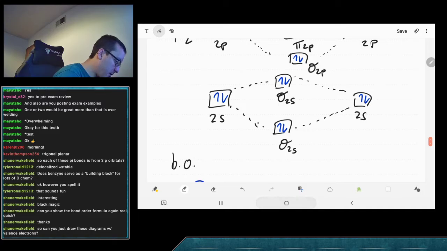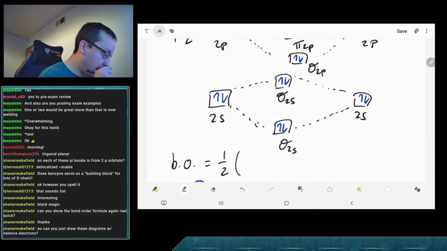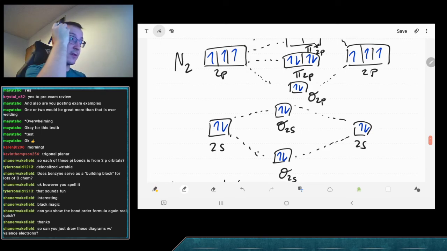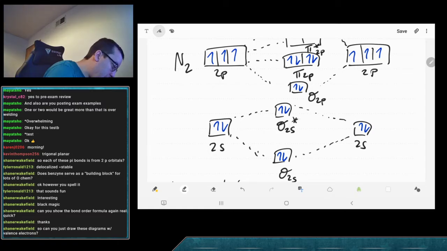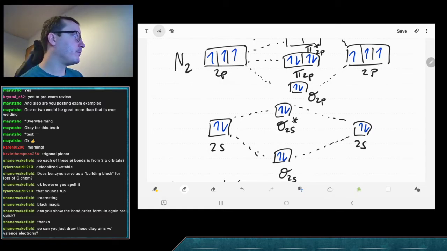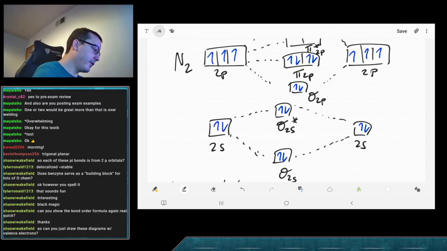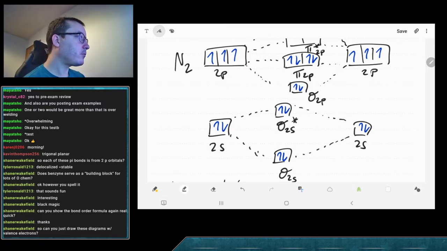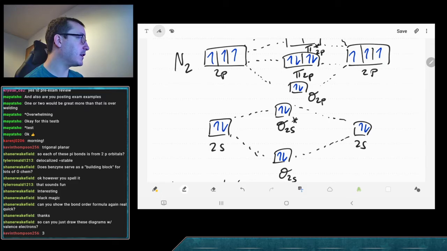How many bonding electrons do we have in this? Oh, I forgot the star on this one. I forgot the dots as well. 3 bonding electrons.